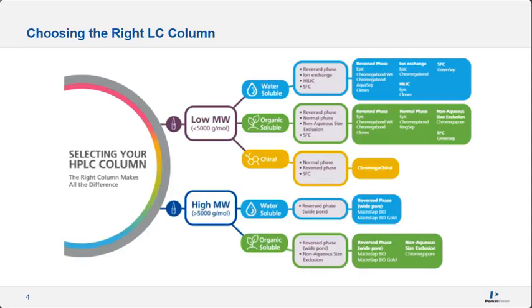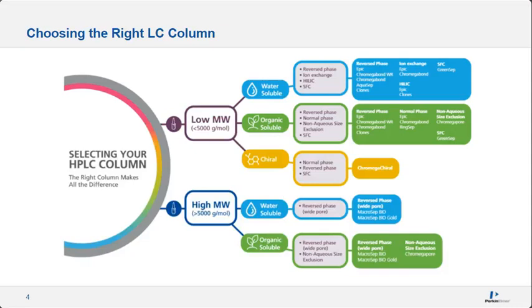If we are greater than 5,000 molecular weight, then we break down to water soluble, and there we have reverse phase available, utilizing wide pore materials and columns, and these would be products such as Macrocept Bio or Macrocept Bio Gold.